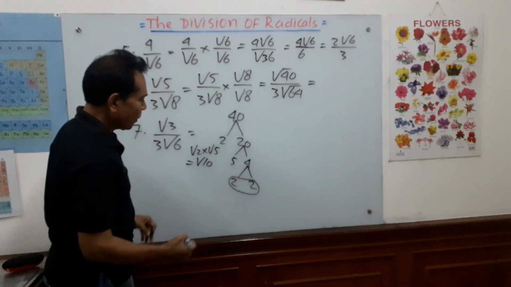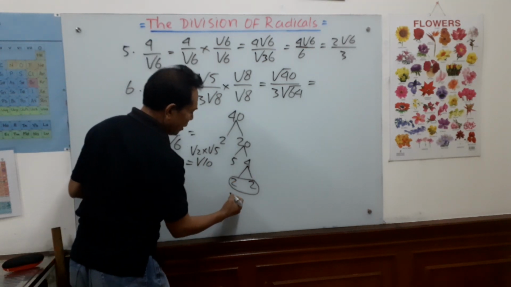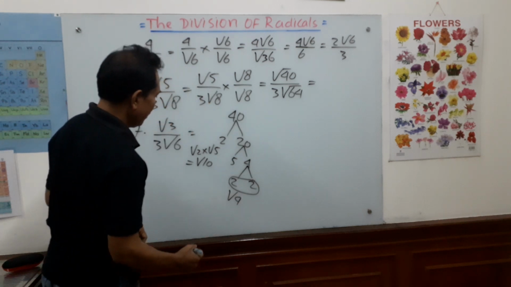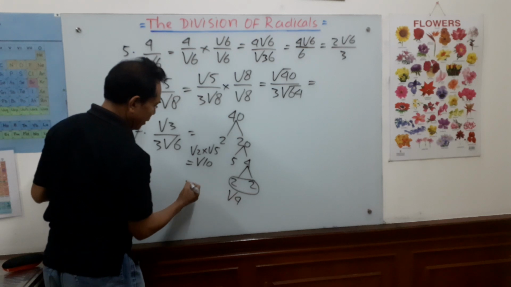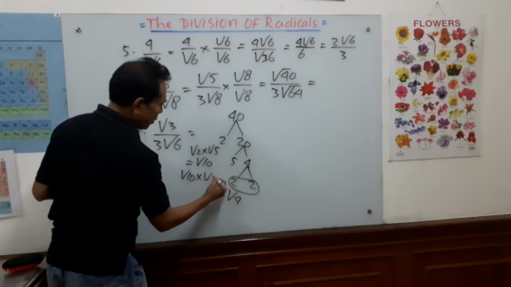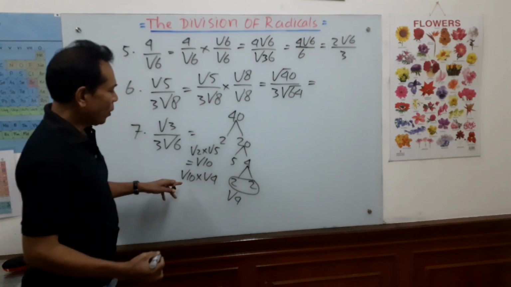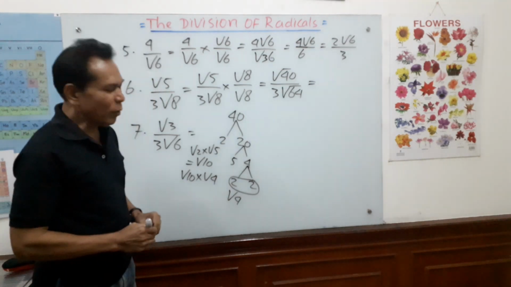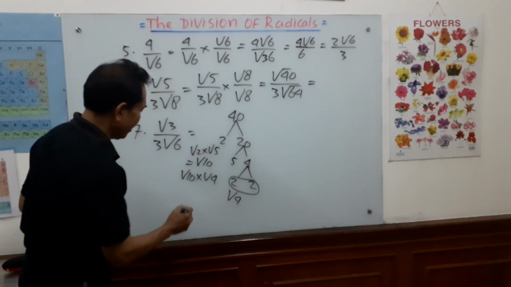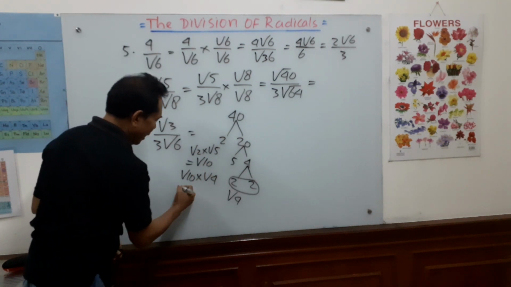Now here square root 2 times square root 2 is square root 4. So what we have here is square root 10 times square root 4. Now we cannot break square root 10. I mean, we can break it, but we go back here again. So we just leave square root 10 like that.